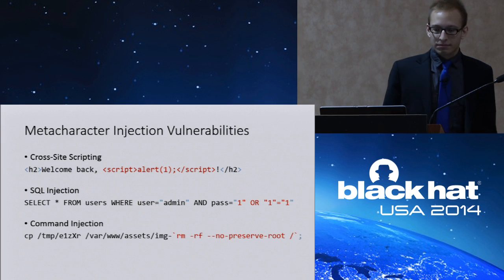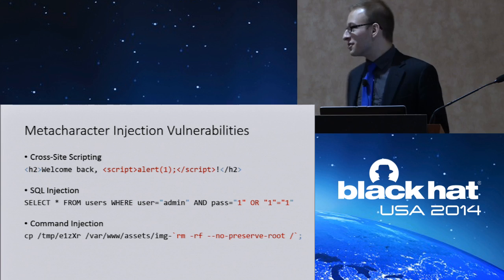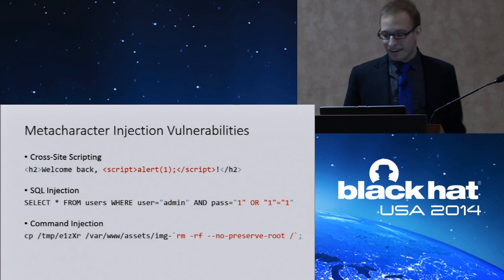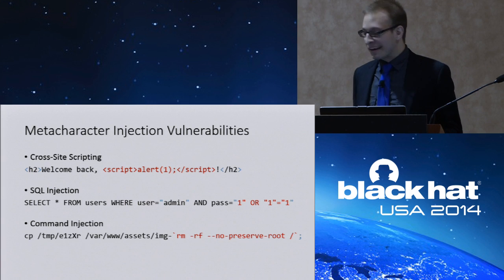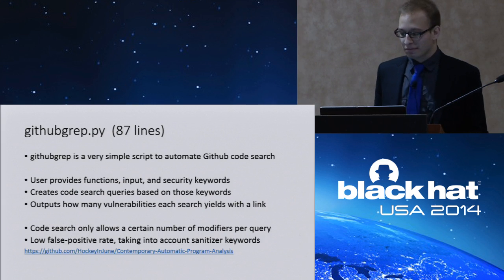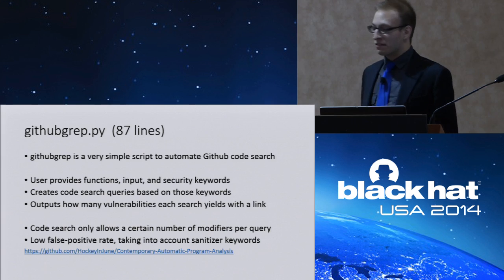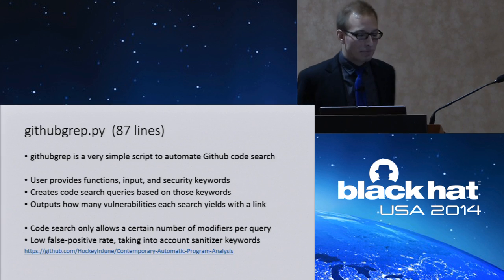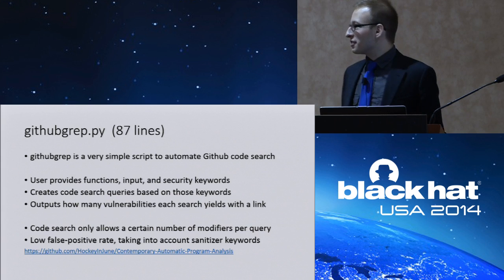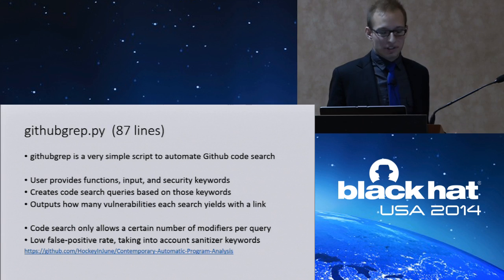We're going to start off with metacharacter injection vulnerabilities. These are really easy to find and exploit. They're so easy to find, finding a couple of them wasn't good enough. The first tool we're going to talk about is called GitHub grep.py, which I wrote a couple weeks ago. It's a very simple script that just automates queries to the GitHub code search.